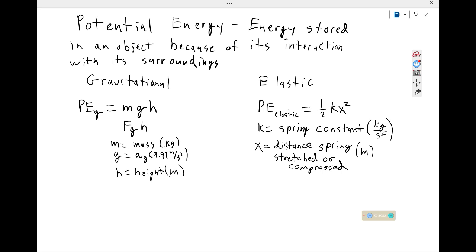So, there are two things that affect gravitational potential energy: mass and height. What if I were to drop it from here? Here, nothing really happens, right? If I drop it from the same height, little bounce. Bigger bounce. If I threw it all the way up, even bigger.